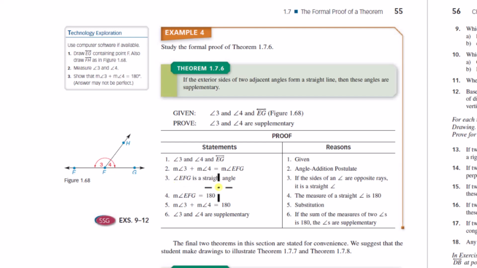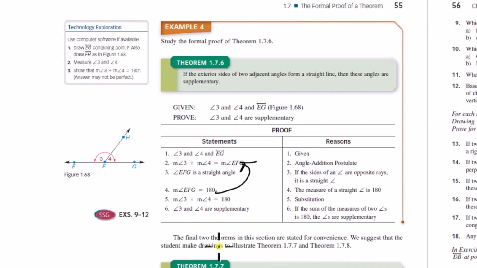Angle EFG is a straight angle, so the measure of angle EFG is 180 degrees. So the measure of angle 3 plus the measure of angle 4 is 180 degrees, which means they're supplementary. They also put substitution here, which is technically how they substituted this into the angle addition postulate formula.